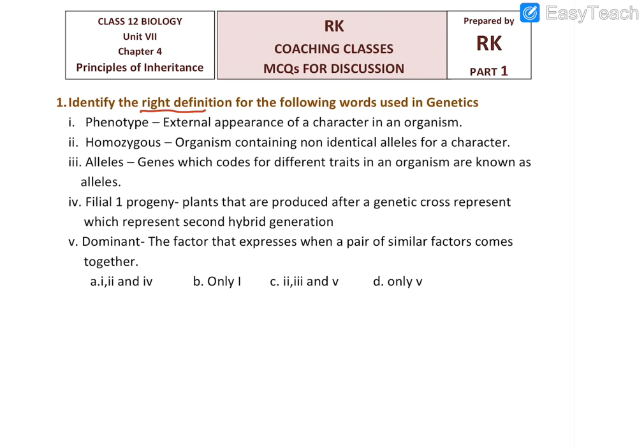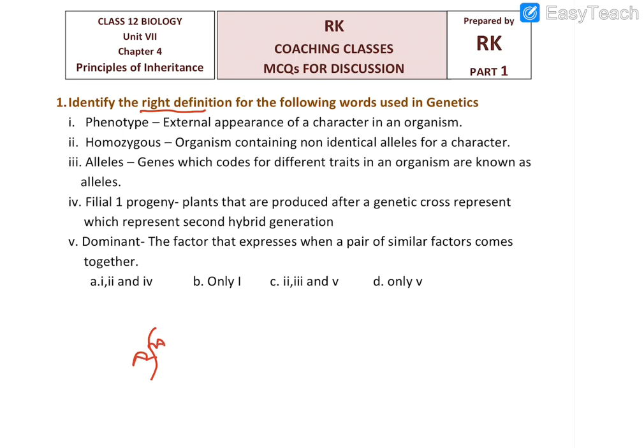If you take the first one, phenotype, just now I told you that you have learned certain words to understand genetics. In that, gene is one important word, but here I have not given that gene. But let us take the first word, phenotype. If you take any particular organism, say a pea plant, the external appearance of a plant, how it looks.